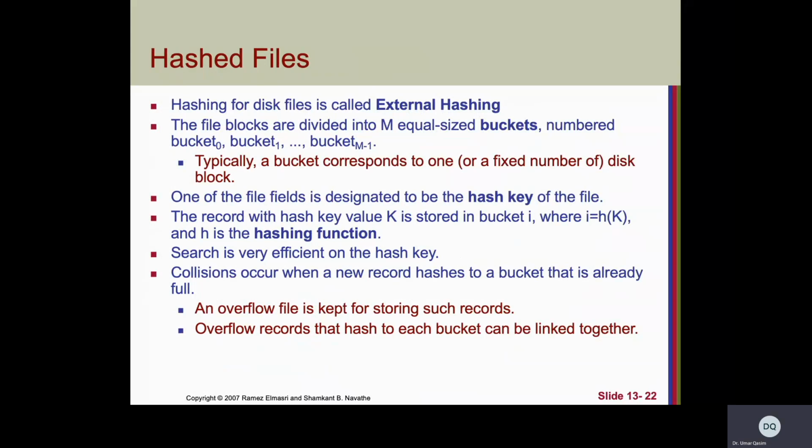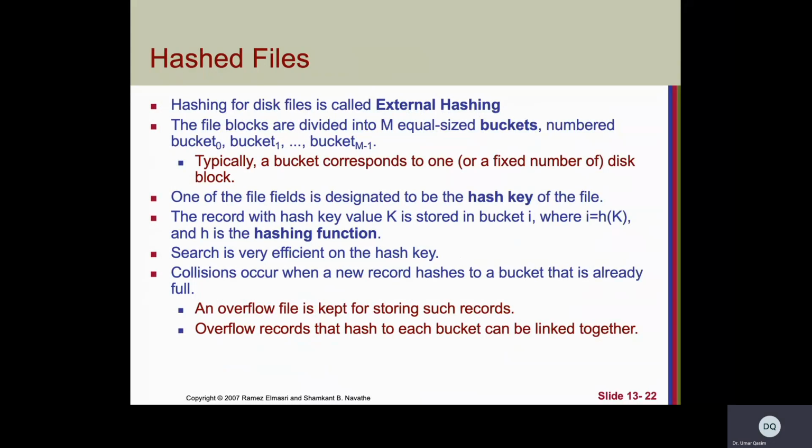A record with hash key value k is stored in bucket i, where i is equal to h(k), and h is the hashing function. In this way you determine where to store a particular record. So hashing helps in searching. Search is very efficient on the hash key.